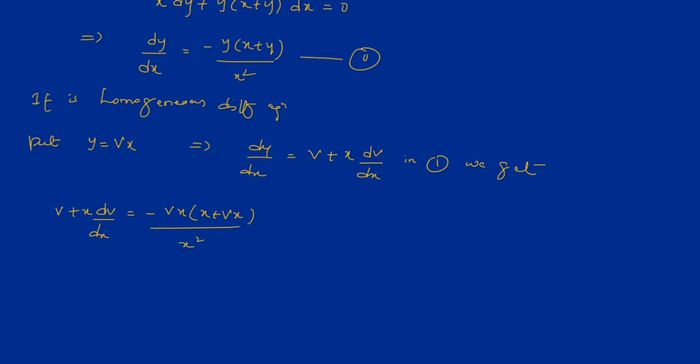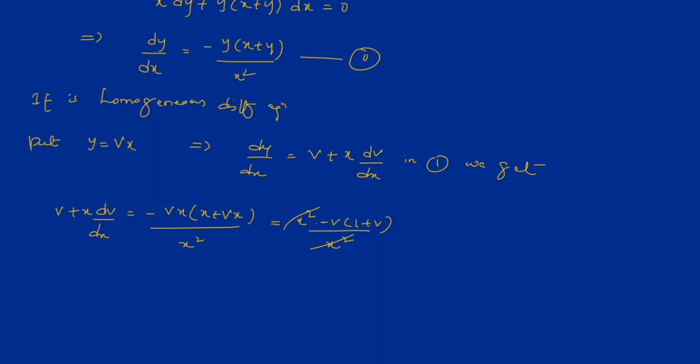So here, by taking x square common and cancelling x square from both numerator and denominator, I'm writing it directly. If you take x common in these two terms, we get 1 plus v inside, and vx is there, so just take common, x square.